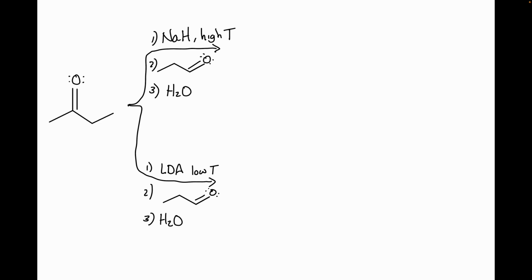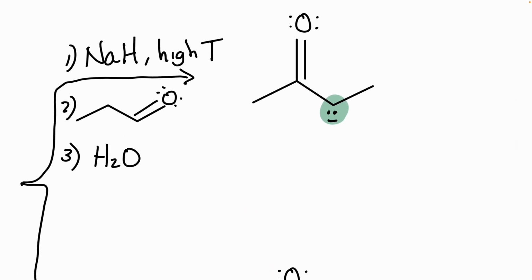So again, our key difference here is where we've deprotonated: our secondary alpha carbon or our primary alpha carbon. Now we've got to put together what we know about our aldol addition reactions, where that alpha carbon attacks that electrophilic carbonyl carbon.